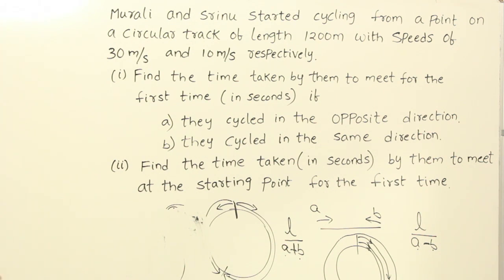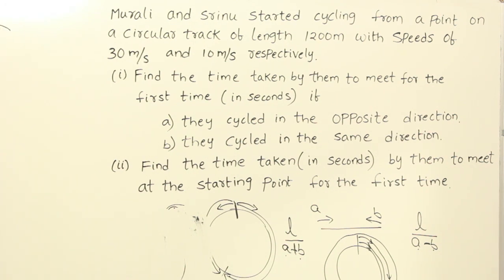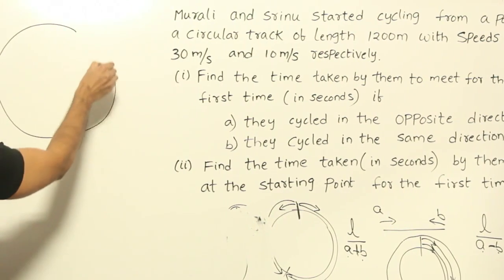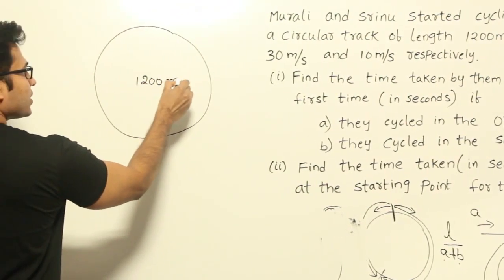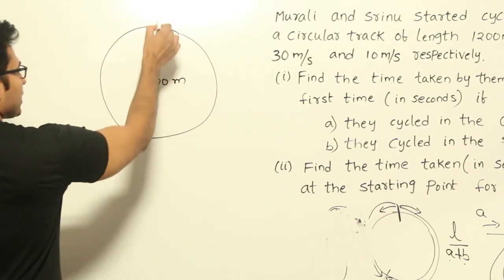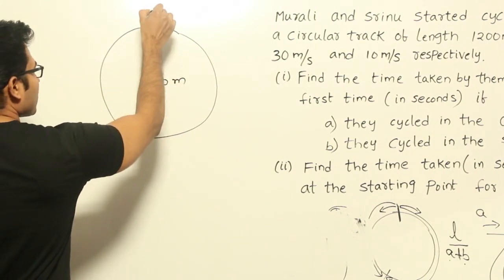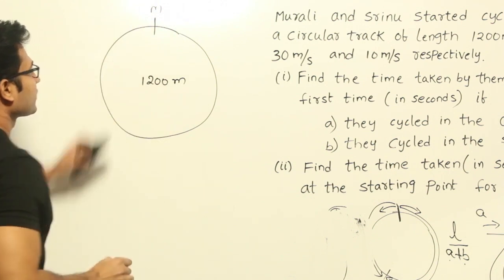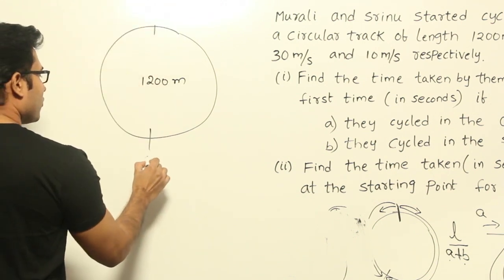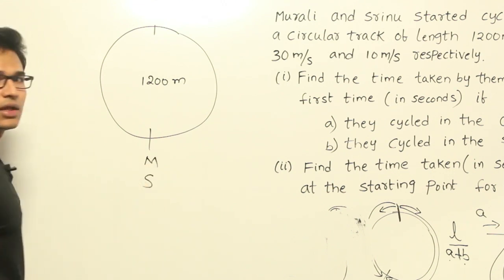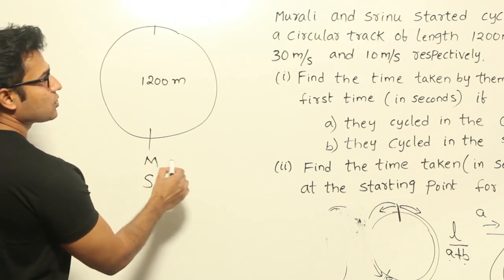Now what they are trying to say is, there is a circular track, and the entire length of the circular track is 1200 meters. Both are starting from the same point, Murali and Srinu.